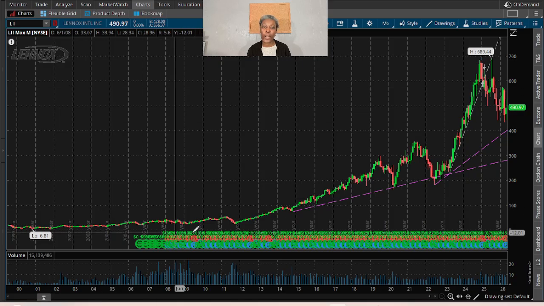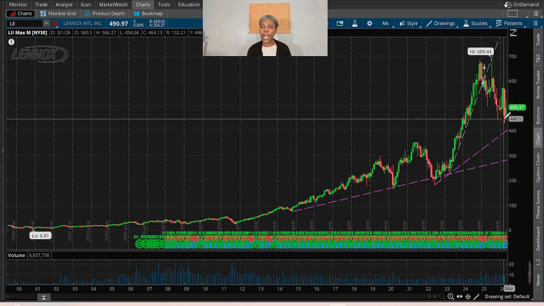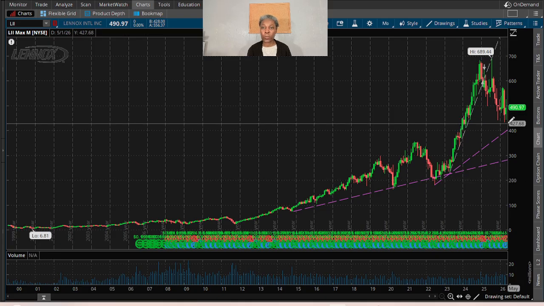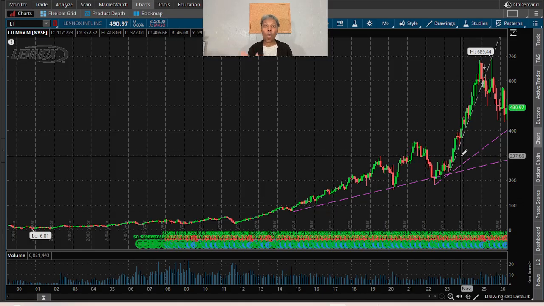So I like to see the overall trend of the stock and see if I'm having higher lows from the present to the past, if the present lows are higher than the past ones. So that allows me to trade upward support lines.